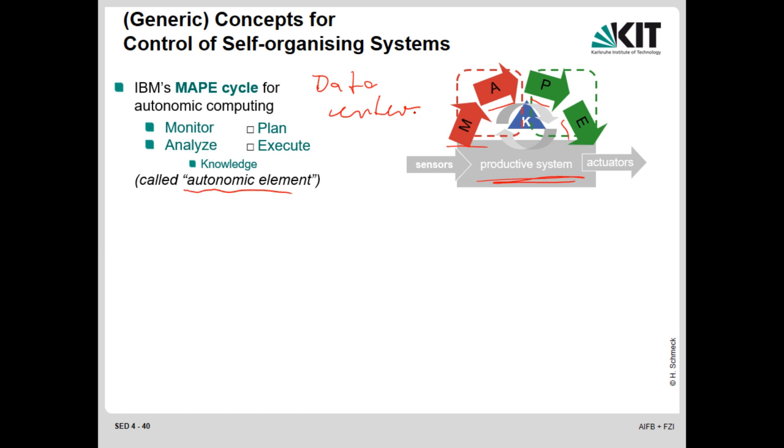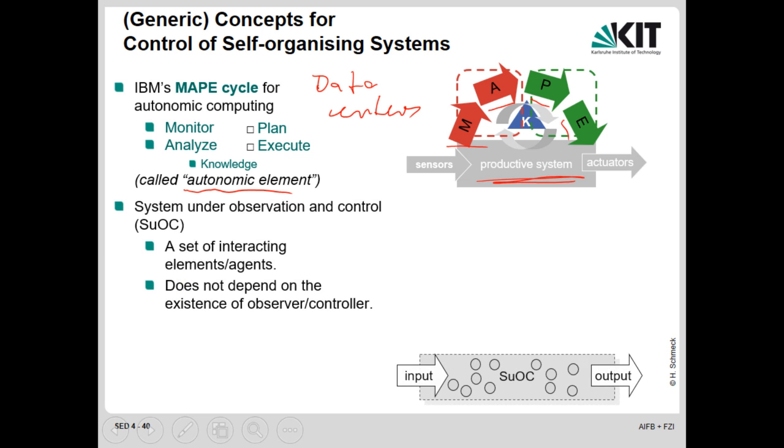IBM almost completely focused on information processing in large data centers and enterprise server systems, because their intention was to relieve the operators from standard tasks, which could easily be automated and taken over by the system to be carried out in a self-organized way. They did not really look at other technical applications. We did that in organic computing.